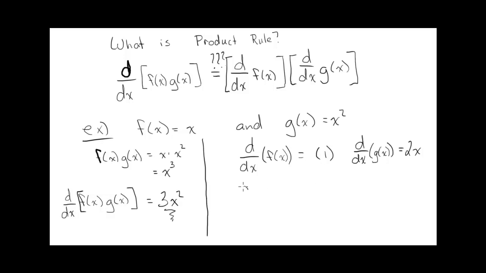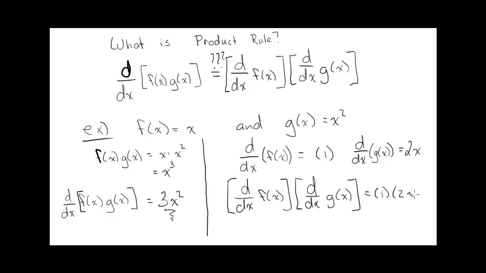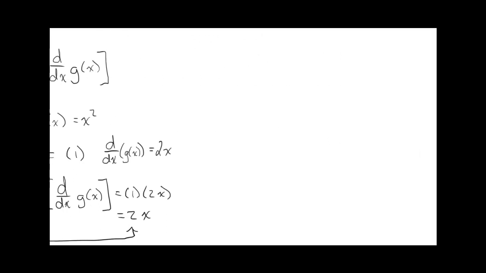So the product of the derivatives is just equal to 1 times 2x, which is 2x. Now clearly these two things are not equal. So that should tell us that this guess we had up here is not the case. This rule does not hold. So the rule must be something different.